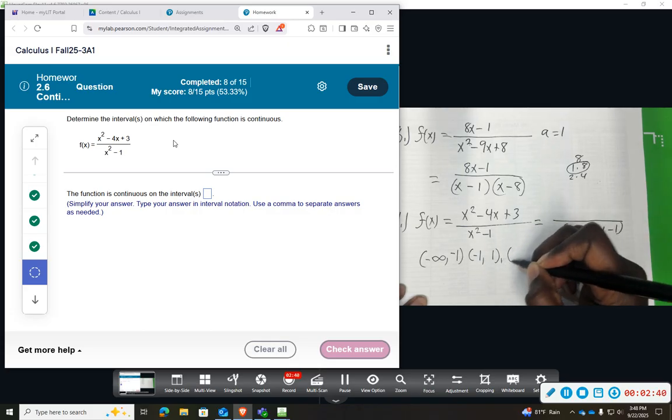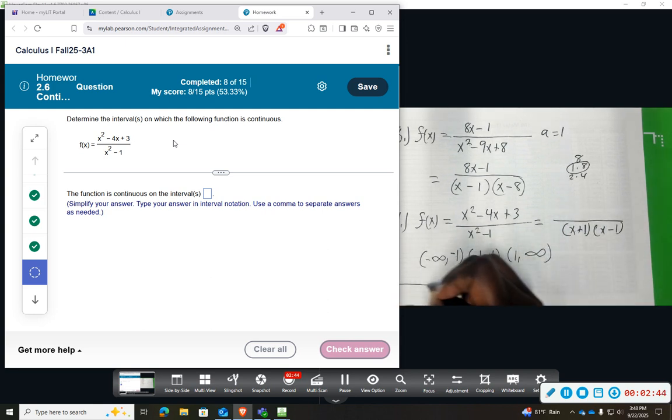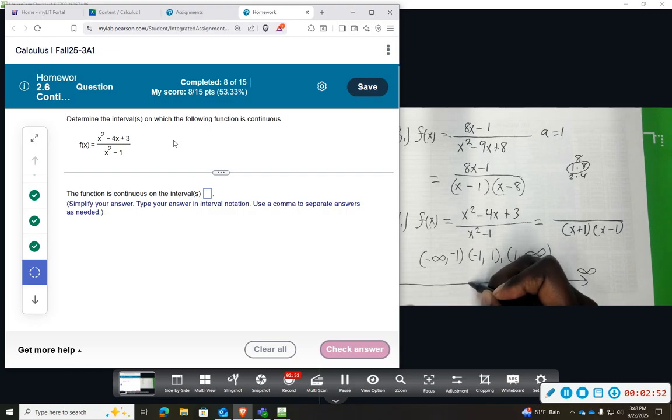and then we would go +1 to infinity. So like if you had a number line, this is negative infinity and positive infinity. We would have a hole at -1, that would be a break, and at +1. So that splits your number line in 3 pieces: negative infinity to -1, -1 to 1, and 1 to infinity.